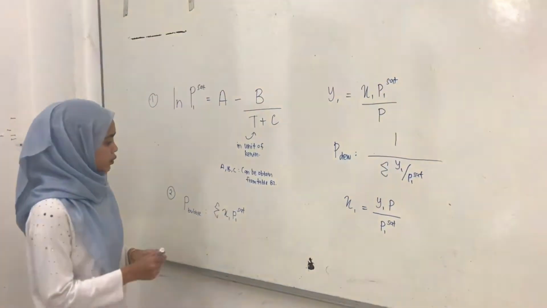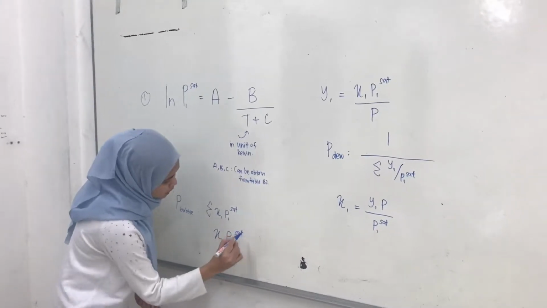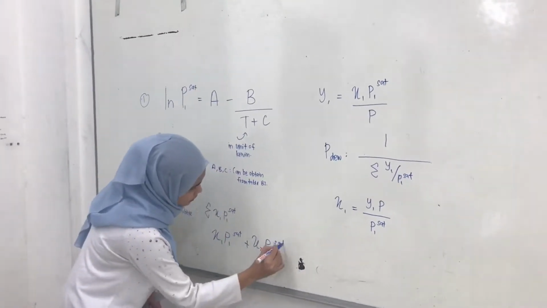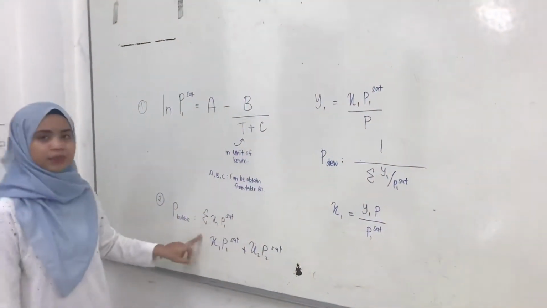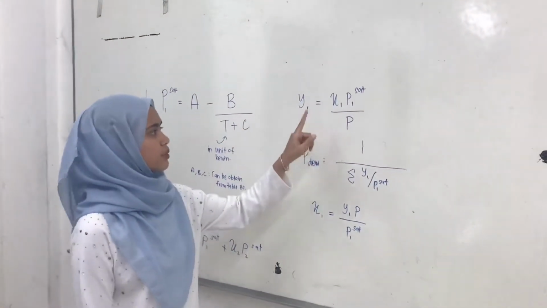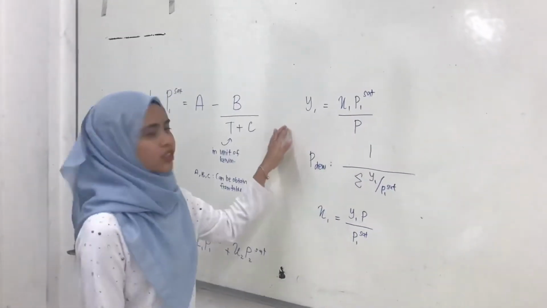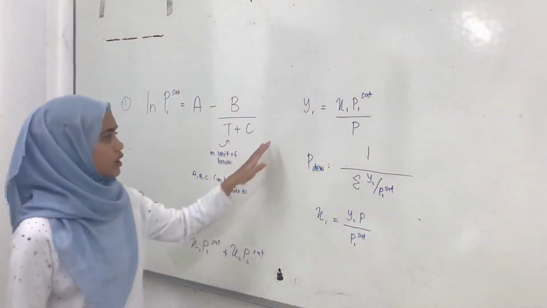If we have two components, this is the meaning of the summation here. And then the next one is y1 equals x1 times P1sat over total pressure. This is Raoult's law that we are using to find the composition.